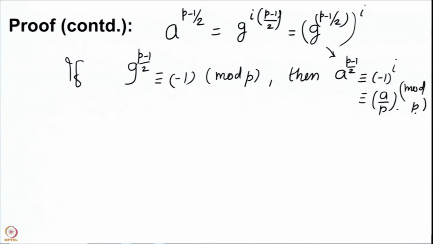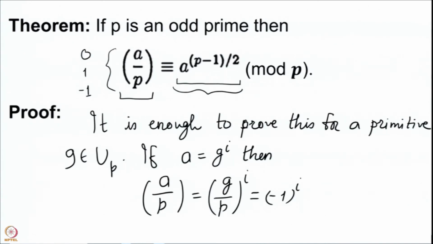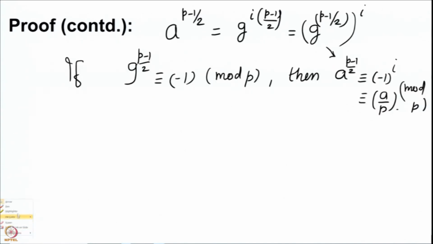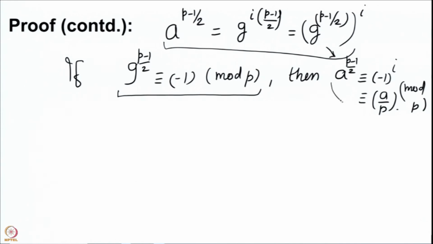So when we have a by p to be equal to minus 1 to the power i, and once you prove that g power p minus 1 by 2 is minus 1, once you prove this equality, then using this formula we will get directly that modulo p a raised to p minus 1 by 2 is simply the Legendre symbol a by p.